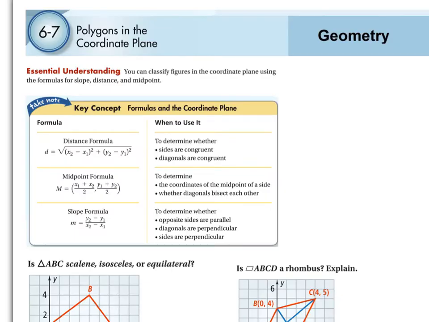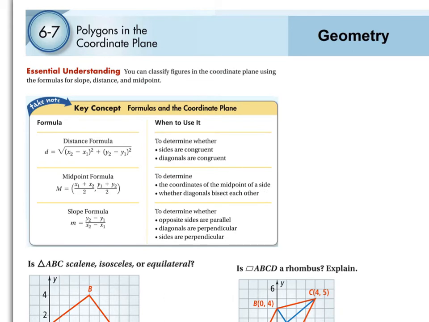As we look here at the first page, you can classify figures in the coordinate plane using slopes, or using formulas for slope, distance, and midpoint. Here's what each one of these does. The distance formula is used to determine that sides are congruent and that diagonals are congruent. You're going to use the midpoint formula to show whether the diagonals bisect each other, or to find the coordinates of the midpoint of a side.